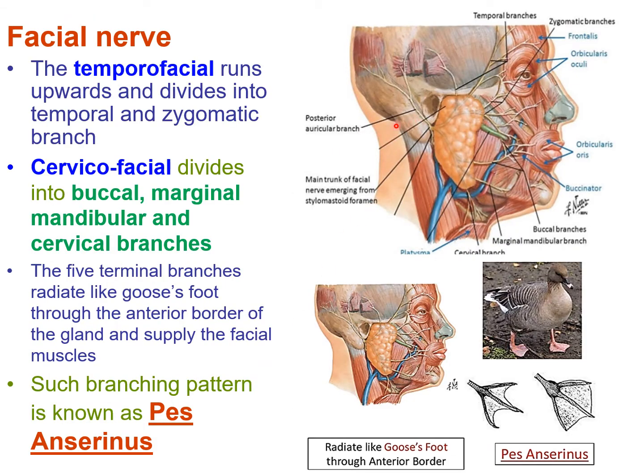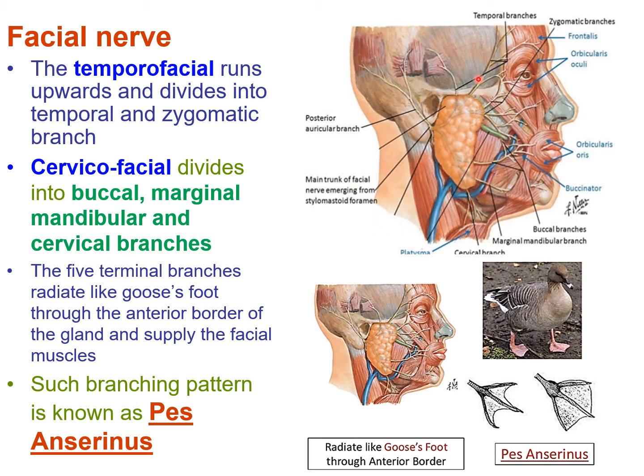So the facial nerve enters the parotid gland through the posteromedial surface. It is the most superficial structure passing through the parotid gland. It runs superficial to the retromandibular vein and the external carotid artery and divides into two trunks, the temporofacial and the cervicofacial.